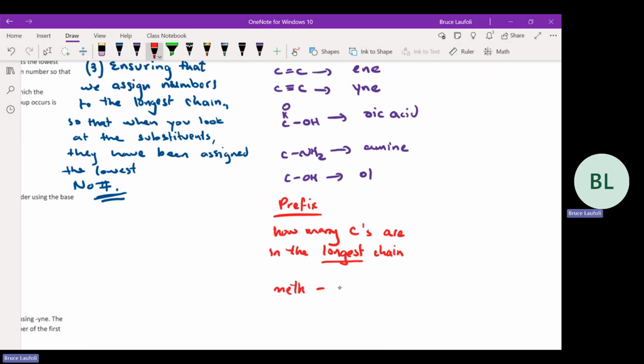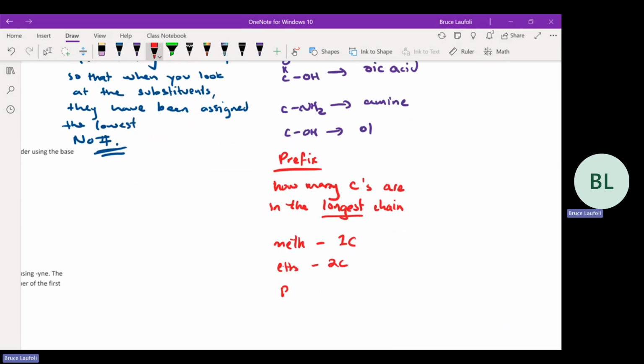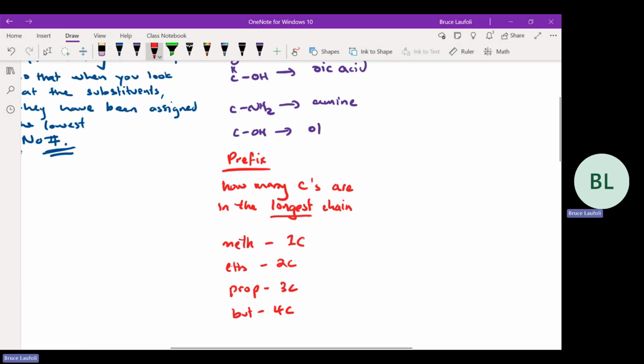And so if we have the prefix of meth, usually that's signified by one carbon. Eth is two carbons. Prop is three carbons. But is four carbons. Pent, like pentagon, is five carbons. Hex, like hexagon, is six carbons.